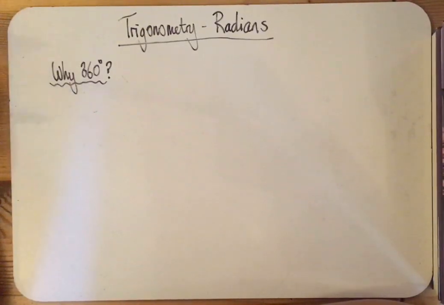If you go back to Babylonian times, which is like 1700 BC, they used a number system which was fundamentally base 60. And the reason why they used base 60 was because you can divide it in lots of different ways. So you can divide 60 by lots of different numbers. So it's a very useful rudimentary number base.